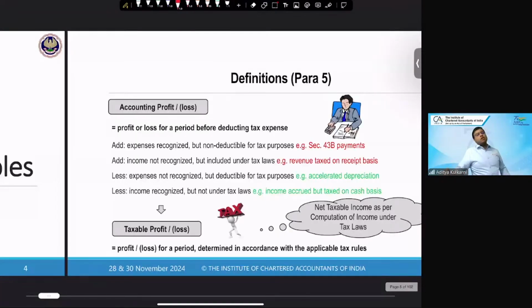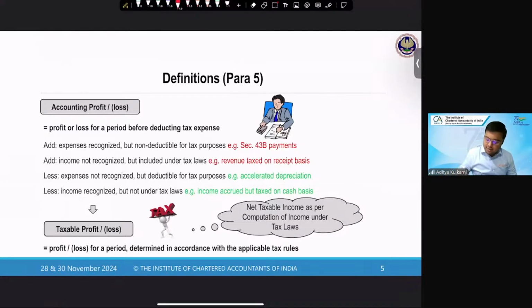So what is accounting profit or loss? It is the profit or loss for a period before deducting tax expense. So that is basically your profit before tax. Now, there is a definition of taxable profit or loss.